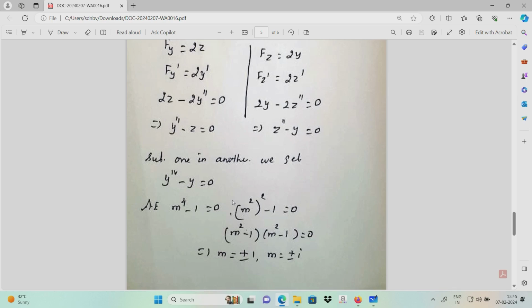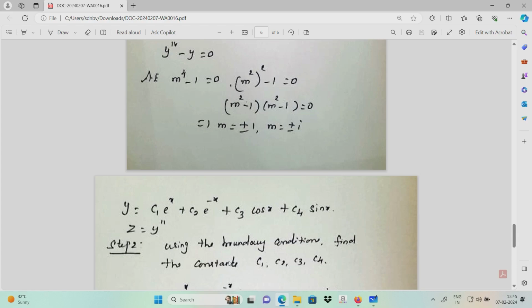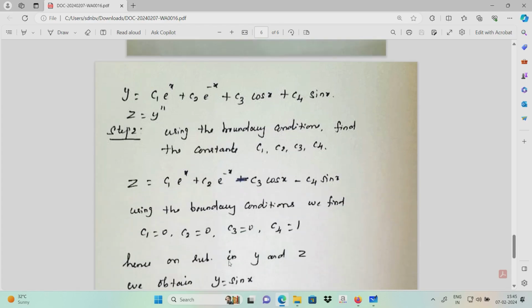So what is it we have? m square minus 1 into m square plus 1 equal to 0. So here m is equal to plus or minus 1 and plus or minus i. So we have the solution. Normally what is it?